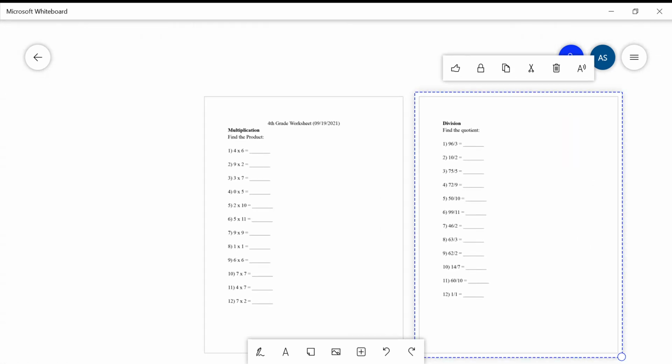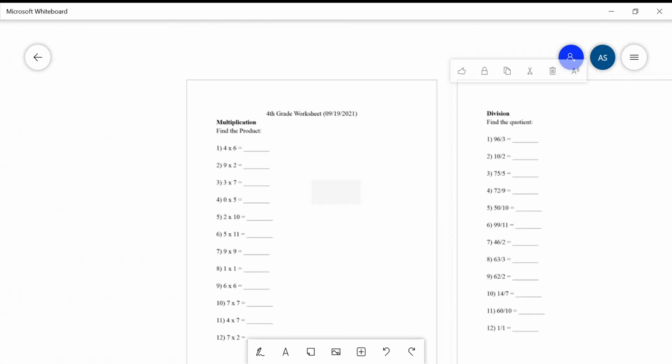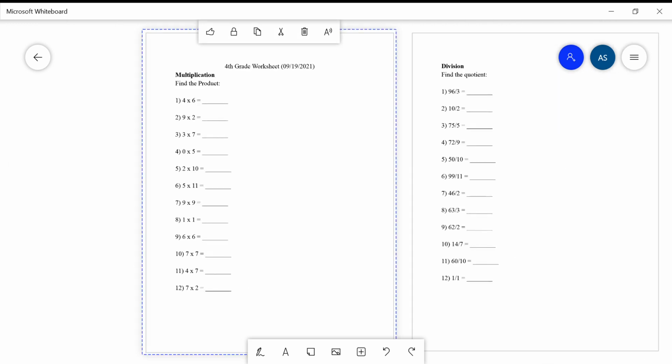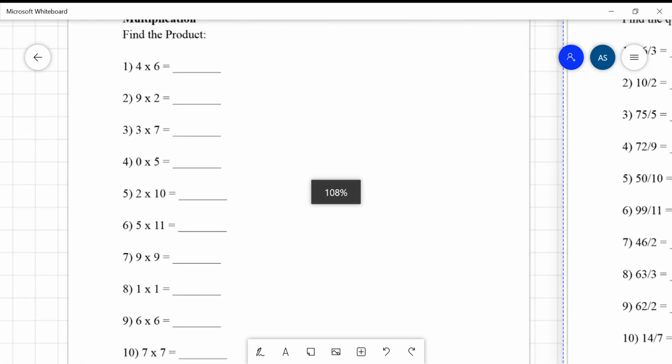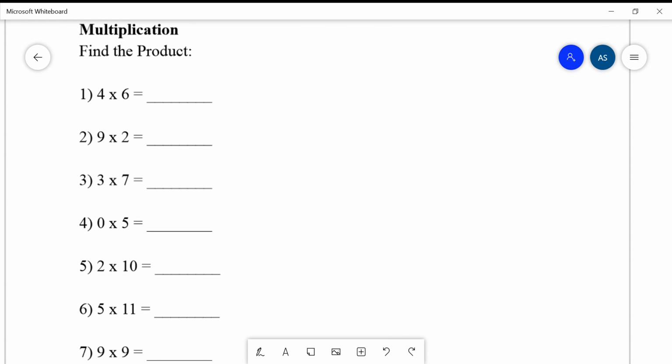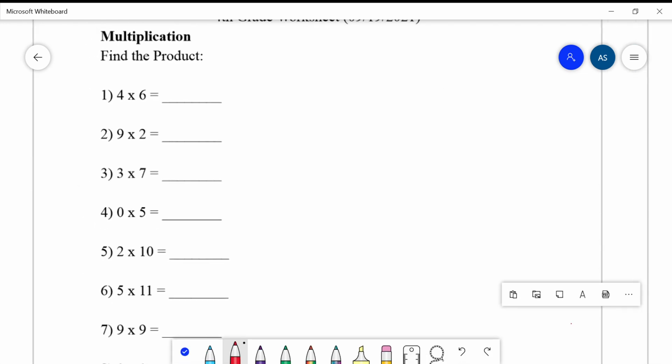So back to our first page, multiplication. If you look, multiplication is simply adding that number that many times. If you look at question number 5, let's say we have 2 times 5.